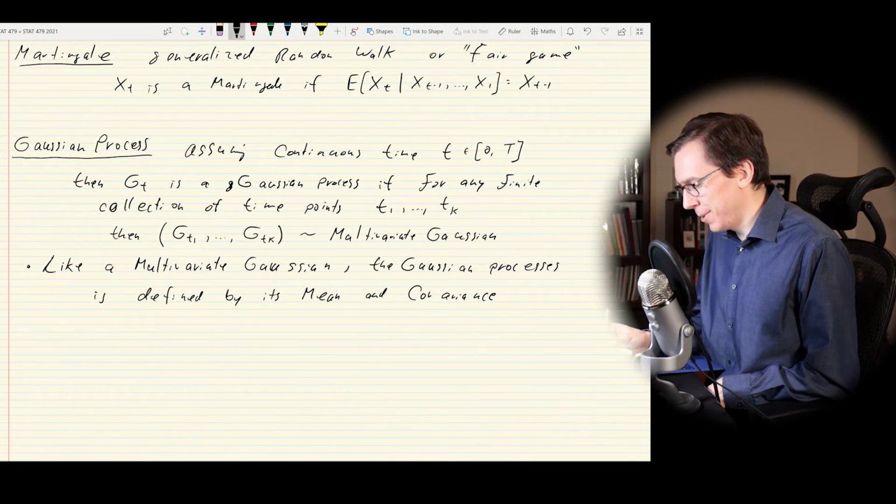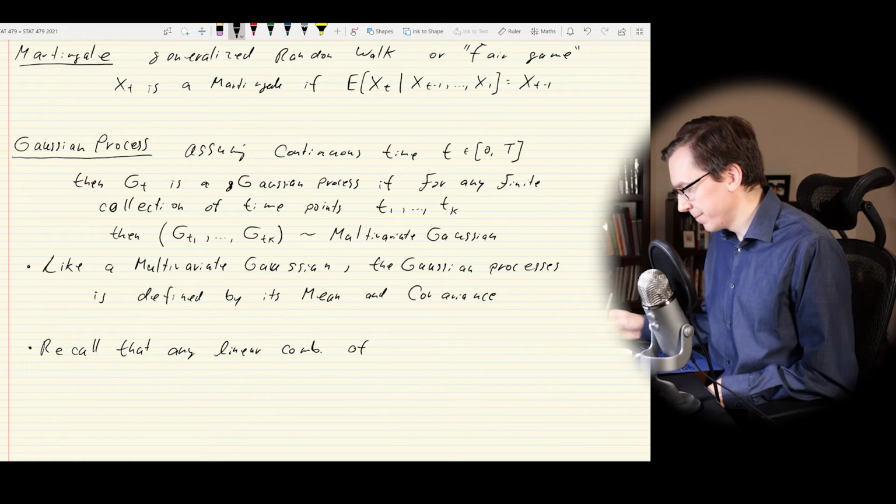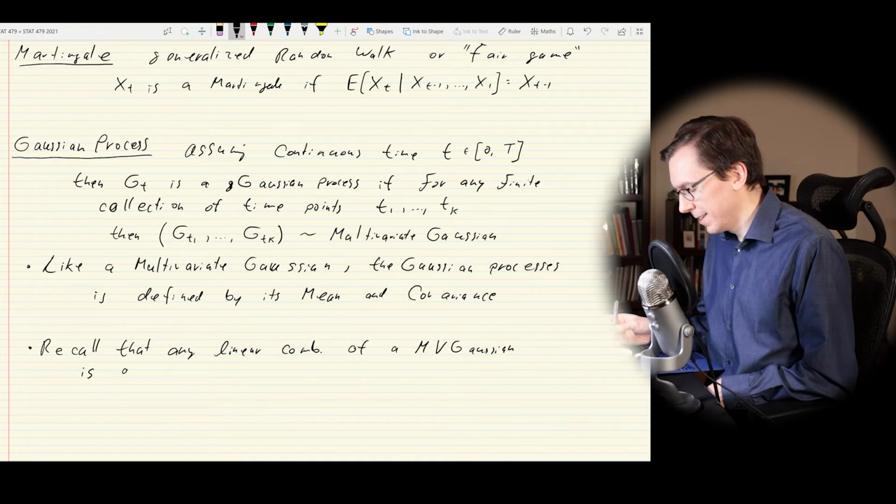And the other thing I wanted to point out is that, recall that any linear combination of a multivariate Gaussian is also Gaussian or normal.